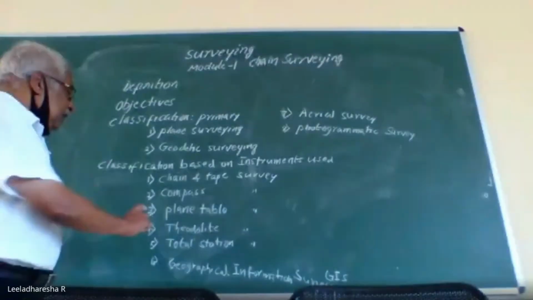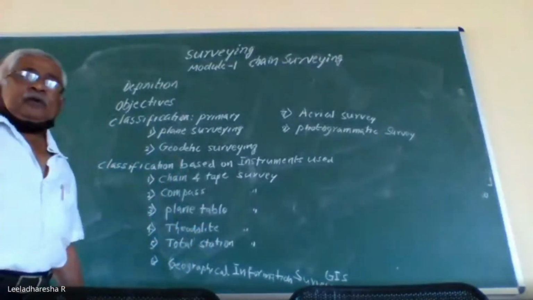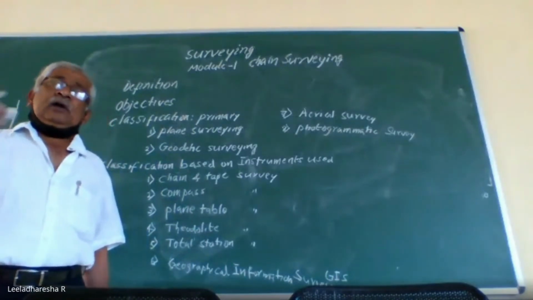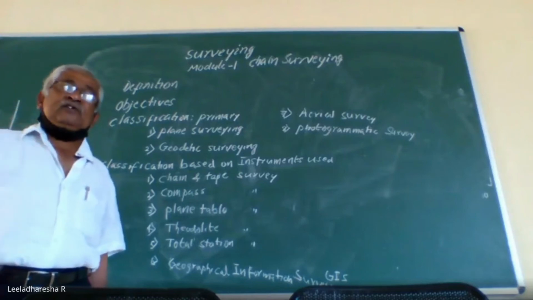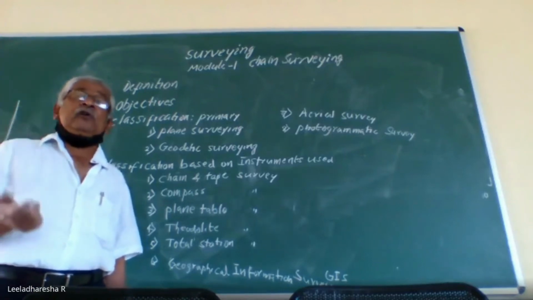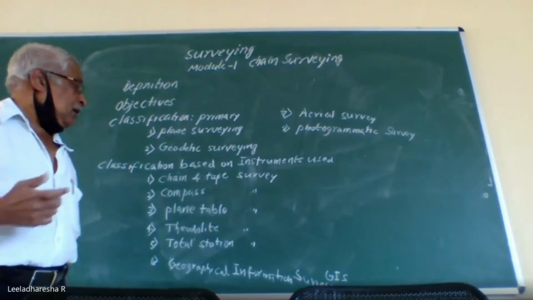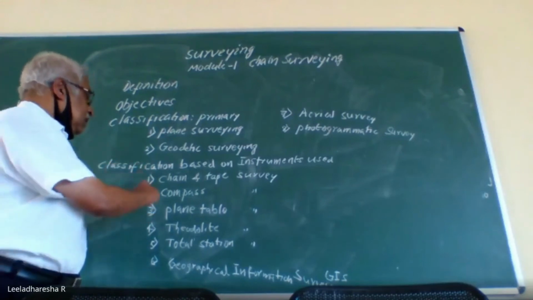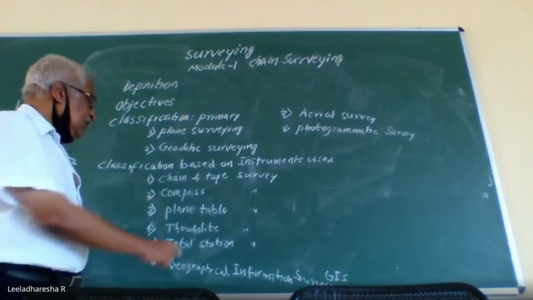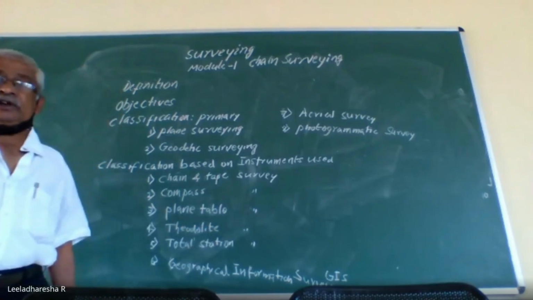Then the fourth one is called theodolite survey. See, in all the above methods, accuracy is less. They are less precise and less accurate instruments. If I want to go for very precise measurements, and also directly get the distance between points, I use an instrument called theodolite.